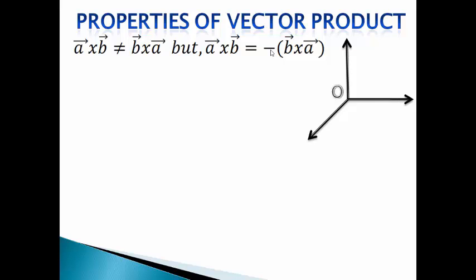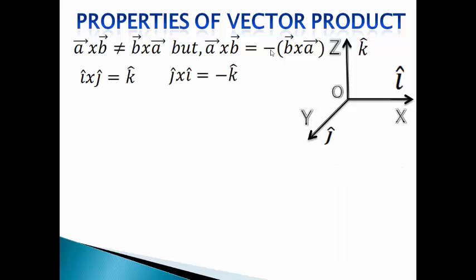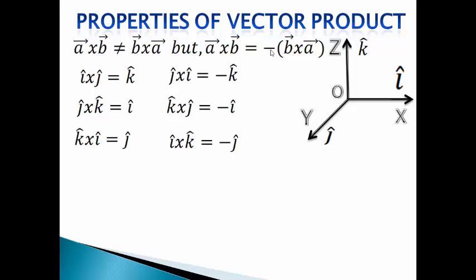Therefore, for unit vectors along x, y and z direction, i cap, j cap and k cap, we have i cross j equals k, but j cross i equals minus k. j cross k equals i, but k cross j equals minus i, and similarly k cross i equals j, but i cross k equals minus j.